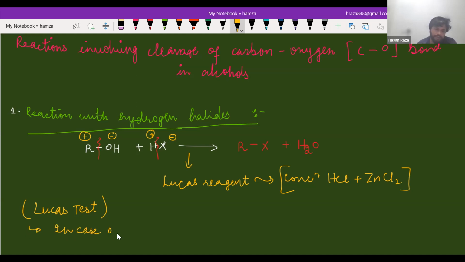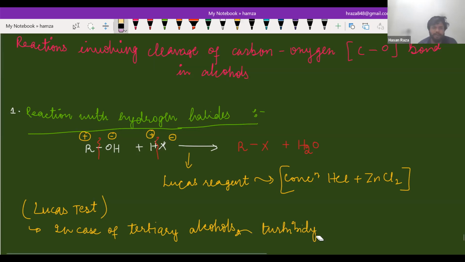In case of tertiary alcohols, turbidity, cloudy solution, is produced immediately.